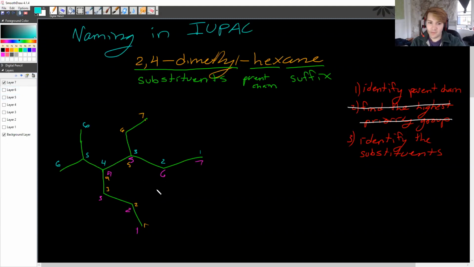Pink. I would choose pink. Can we choose orange? Totally. It's also the longest chain as well. All right? There's no reason why, at least in this stage in the game, we should choose pink over orange. At least for this structure.